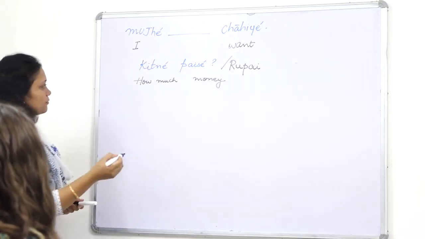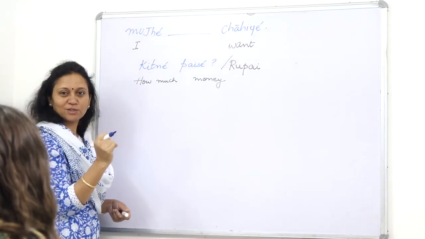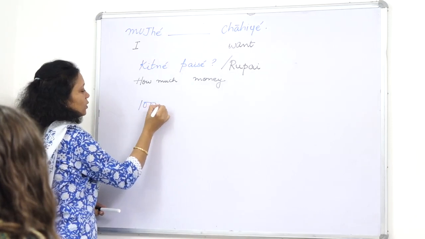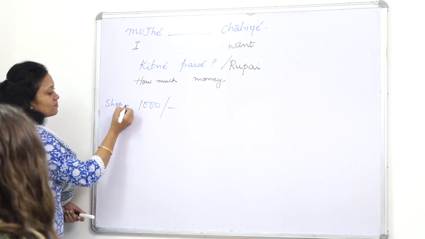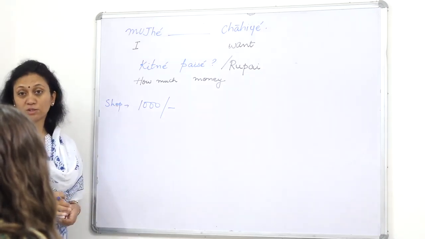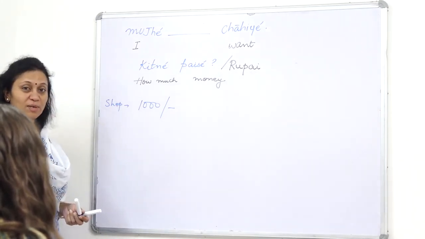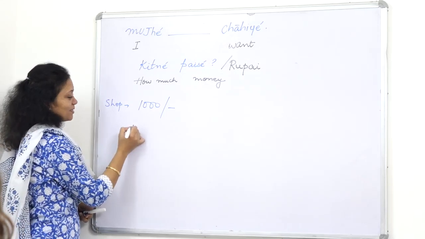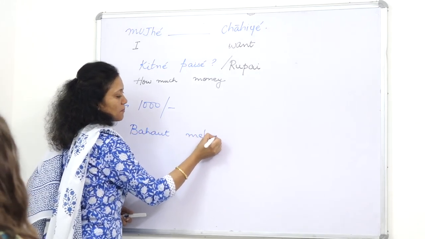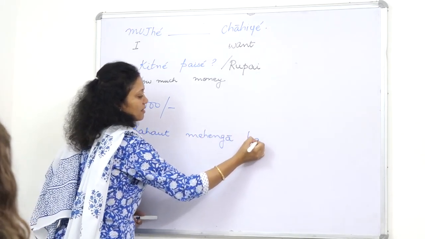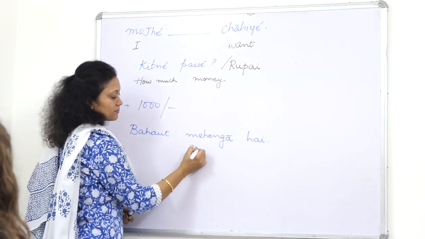So let's say you buy a kurta at a store where it doesn't say fixed price, and the shopkeeper tells you for the kurta, 1,000 rupees. And you say it's too expensive. You know it's not 1,000, right? So how do you say it is very expensive? You say, बहुत महंगा है. महंगा is the word expensive.